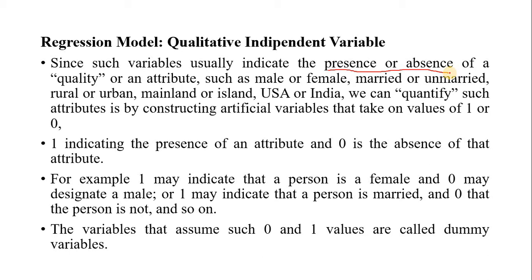So we can artificially construct a variable which takes the values 0 and 1, where 1 indicates presence and 0 indicates absence. A variable that assumes 0 and 1 values is called a dummy variable. Is it clear? Yes.